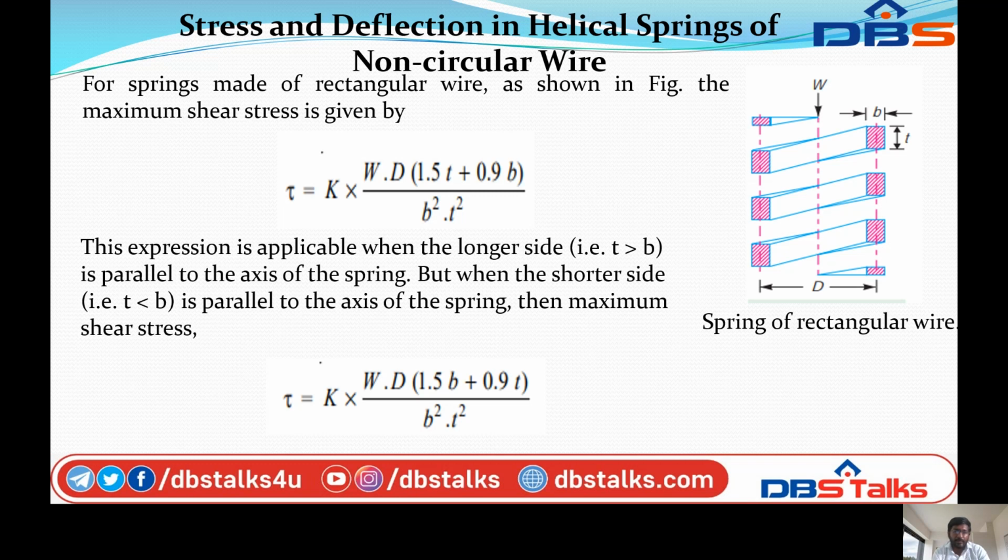This expression is applicable when the long side, that is T greater than B, is parallel to the axis of the spring. But when the shorter side, T less than B, is parallel to the axis of the spring, the maximum shear stress tau is equal to K into W into D into (1.5 B plus 0.9 T) by B square into T square.